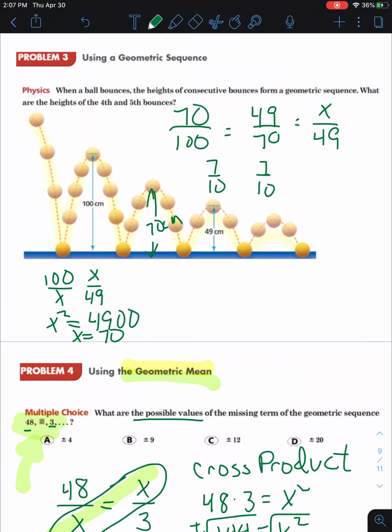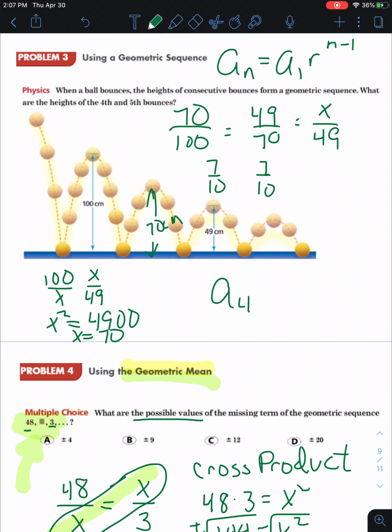Okay, so if I set this up, then I'm going to have a sub 4. Again, I'll put it up here again. A sub n equals a sub 1 times r to the n minus 1.